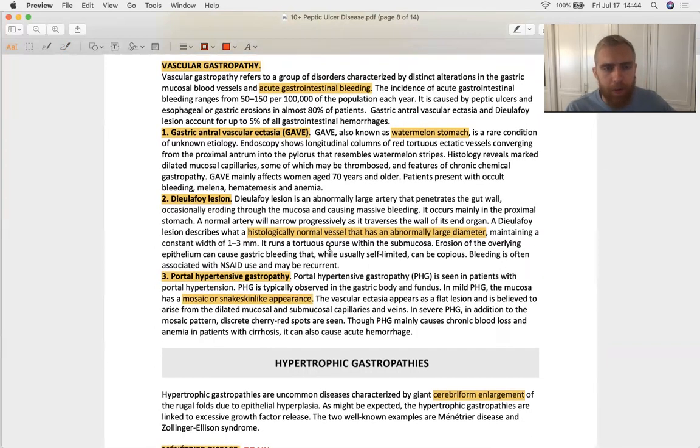Vascular gastropathy is pretty unique, and you're not going to have much trouble making this diagnosis, especially if they give you a picture for it, because all of these are malformations of blood vessels. We've gone through our cardio block already, so we have a good understanding of what blood vessels ought to look like.